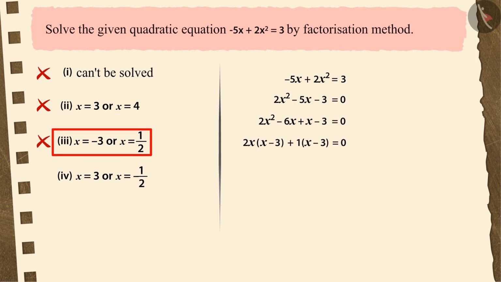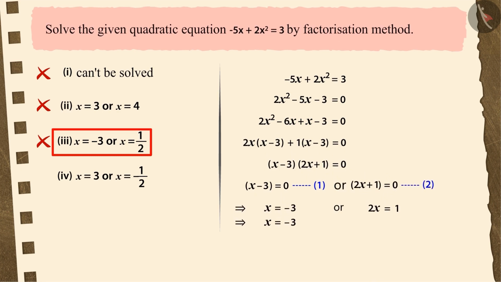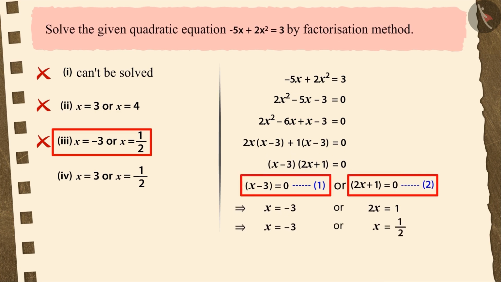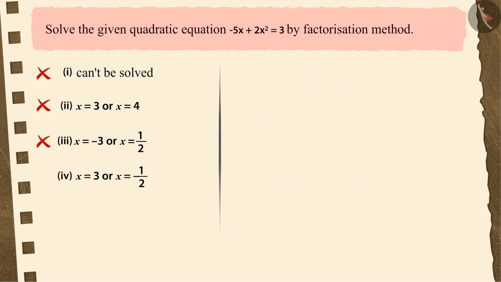On solving, we get two linear factors equal to 0. And putting each linear factor equal to 0, but you didn't change the signs while solving equations 1 and 2.